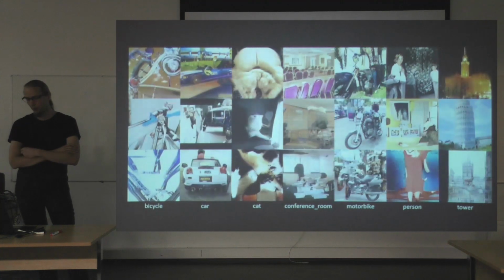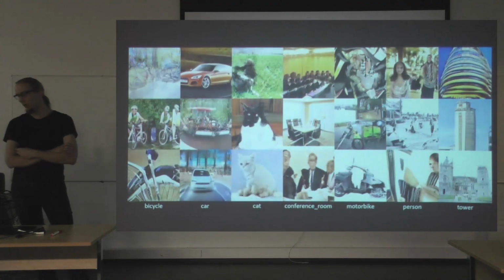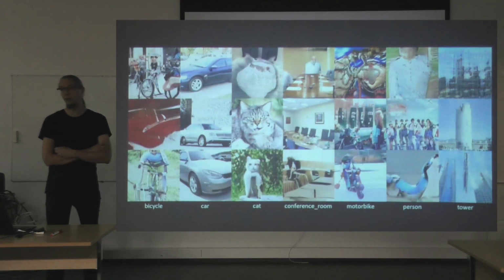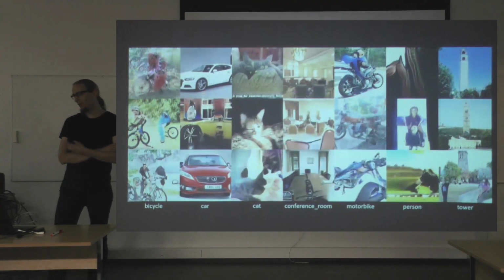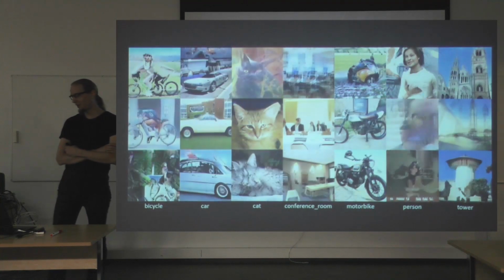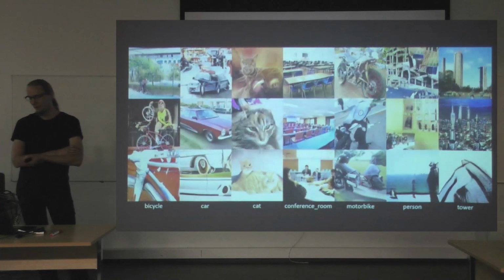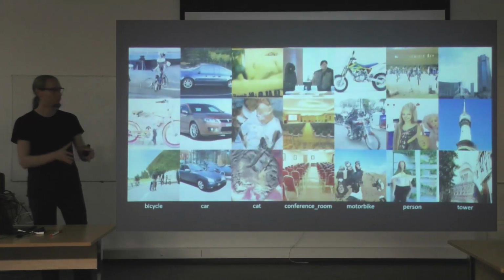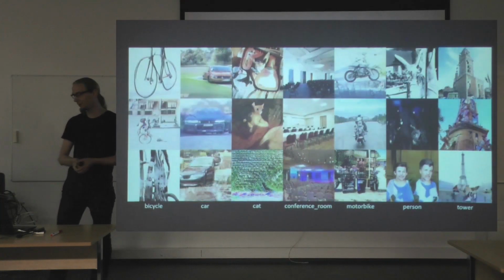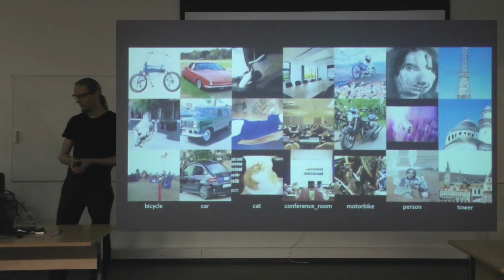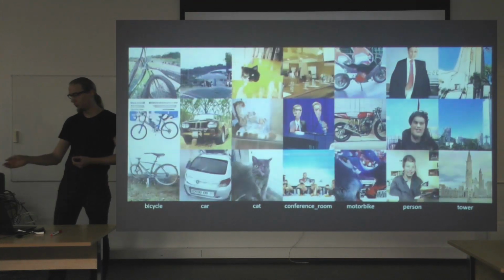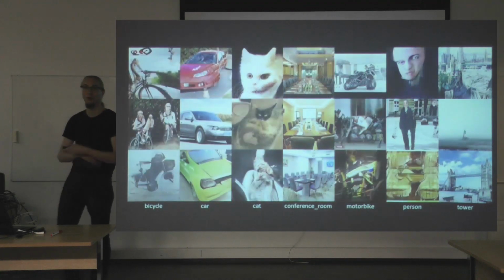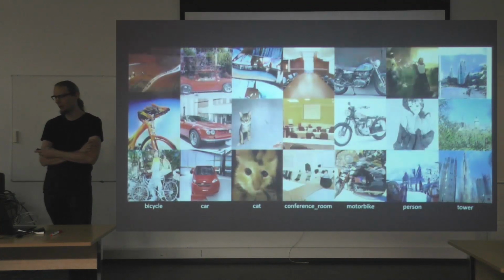But nevertheless, the network learns something reasonable, and many of the images kind of make sense. It's particularly impressive that with the cars and conference rooms, for example, we have pretty valid 3D rotations, and with people and cats, there's lots of zooming in going on, which is pretty natural looking.